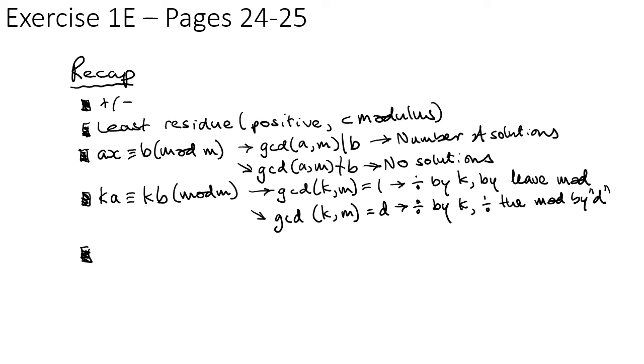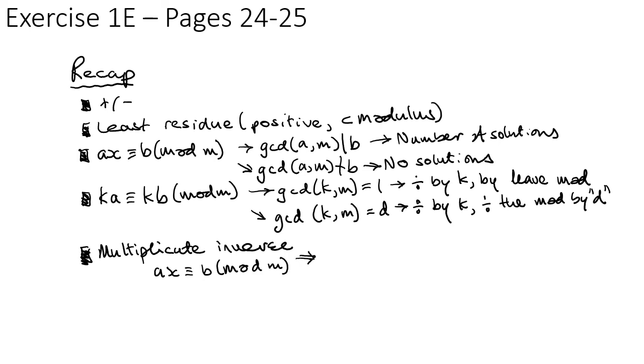And sometimes we solve an equation by multiplying both sides by the multiplicative inverse. So there'll be equations of this form, just like in the second bullet point. The multiplicative inverse will only exist if the greatest common divisor of A and M equals 1, and we can show it equals 1 by using the Euclidean algorithm.